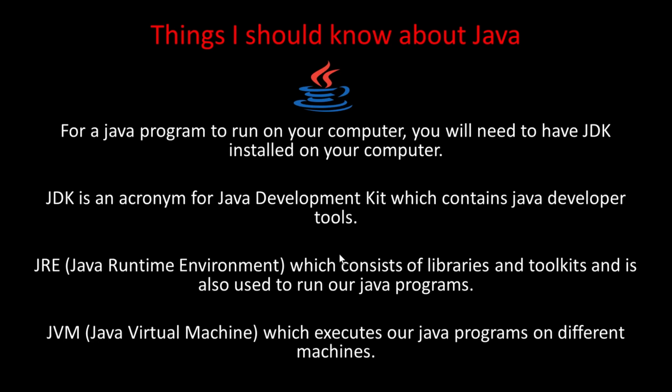The JDK comprises of the JRE, that's the Java Runtime Environment, and it also comprises of the JVM, that's the Java Virtual Machine. Now, the JRE, which is Java Runtime Environment, consists of libraries and toolkits, which is also used to run our Java programs. The JVM executes our Java programs on different machines.